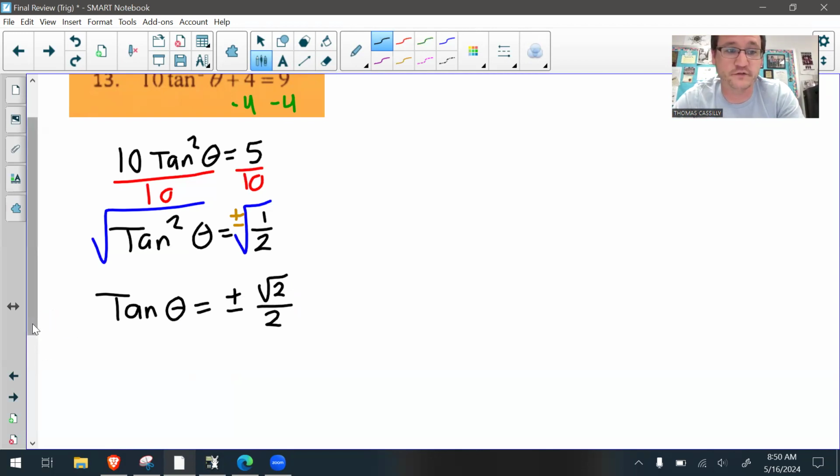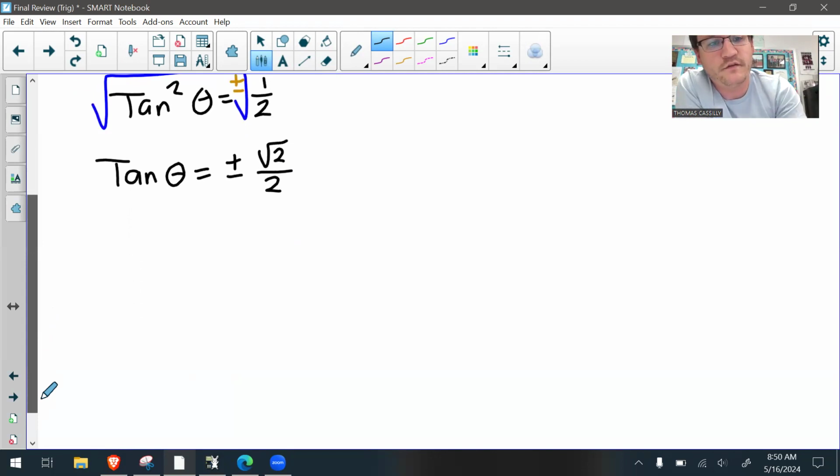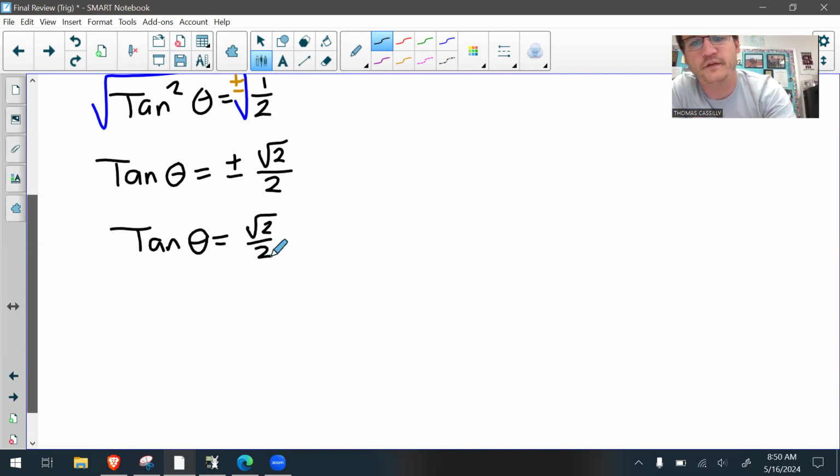So that plus or minus literally means plus square root of 2 over 2 or minus square root of 2 over 2. So from here, we have to split this up into two different problems. All right, so we have the square root of 2 over 2. And then over here, we have the negative version. We have negative square root of 2 over 2.